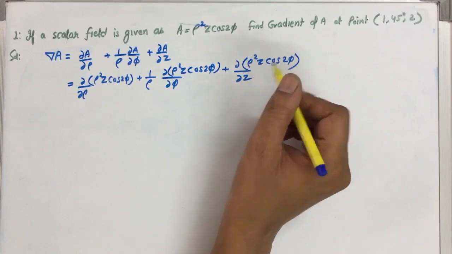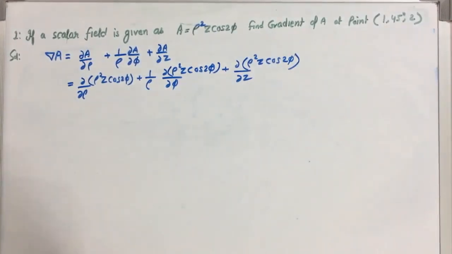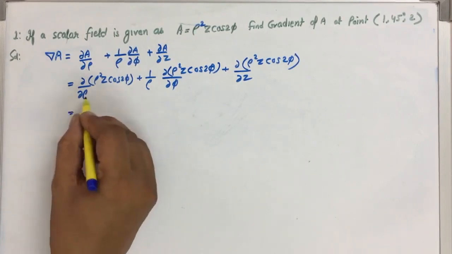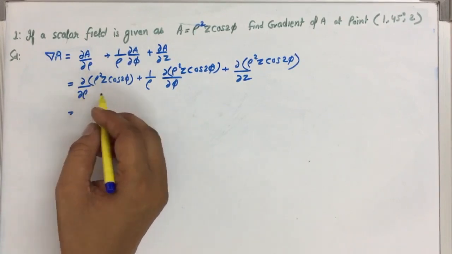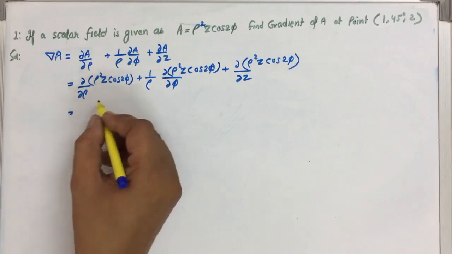Now only mathematics is left, nothing else. Differentiate with respect to rho, considering the remaining as constant.